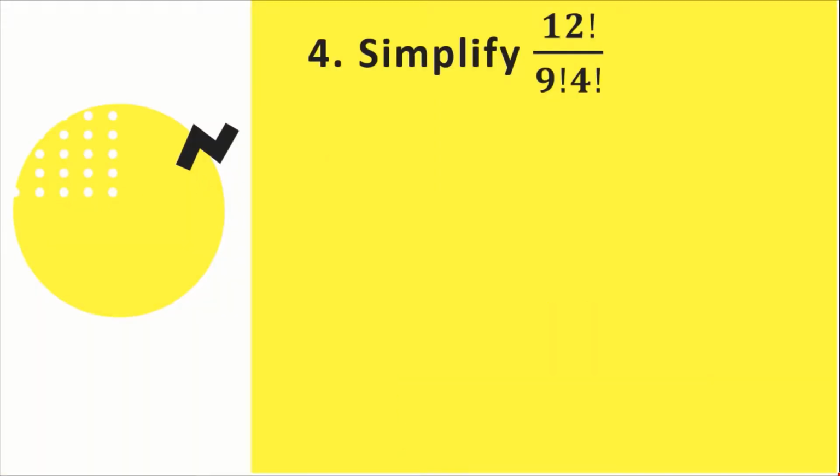Let's have this example. Simplify 12 factorial over 9 factorial times 4 factorial. So, dalawa na yung nasa ibaba natin, no? Okay, so what we need to do is we rewrite 12 factorial with a factor of 9 factorial o kaya with a factor of 4 factorial. Pero, syempre, para mas madali ang solution natin, we express or we write 12 factorial with a factor of 9 factorial para makancel natin siya agad.